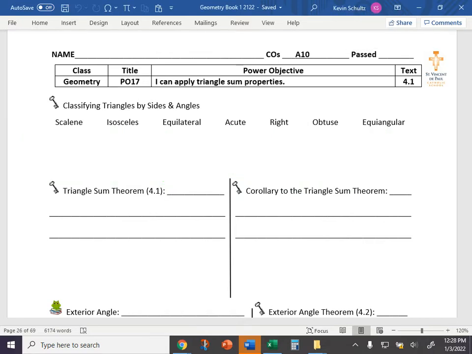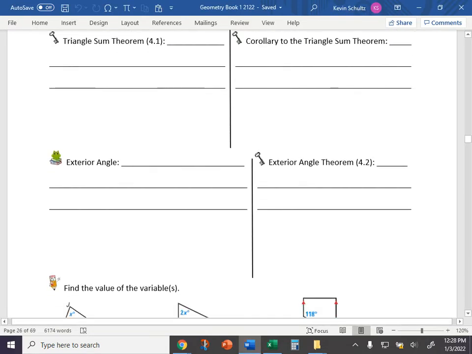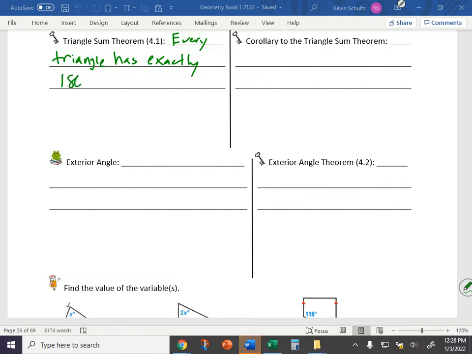The triangle sum theorem, theorem 4.1, says that every triangle has exactly 180 degrees. That's not actually the way the theorem is worded. The theorem is worded much more mathematically. It says the sum of the interior angles of a triangle equals 180 degrees, but in layman's terms, every triangle is exactly 180 degrees.